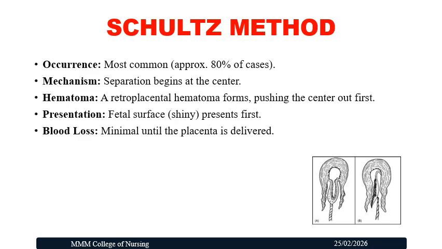A huge hematoma will form behind the placenta, pushing the center out first. So the presentation, if you see, is the fetal surface, that is the shiny surface, which is nothing but the amnion part, will present first, and here the blood loss will be minimal. The remaining blood will form a retroplacental hematoma behind the placenta.